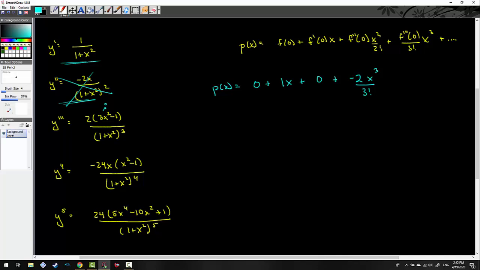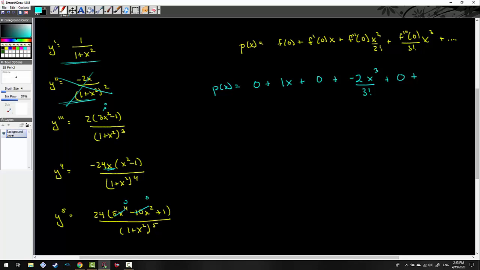So remember, this is f of 0, f prime of 0, f double prime, this is f triple prime, so make sure we keep that in mind. Plus, now we're on the quadruple prime version. The quadruple prime version is going to be 0 because of the x up top, so he'll be 0. And last but not least, we're on the 5th term here, which is the 5th derivative. And so from here, if I let x go to 0, this guy's going to go to 0, this guy's going to go to 0, leaving me with 1. 1 times 24 is straight up 24.